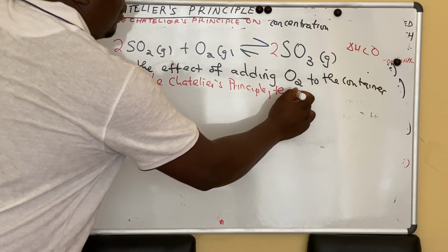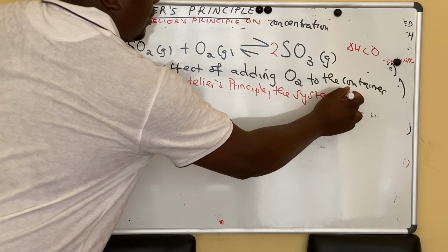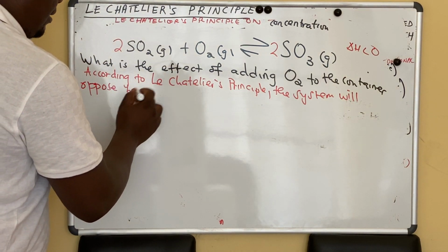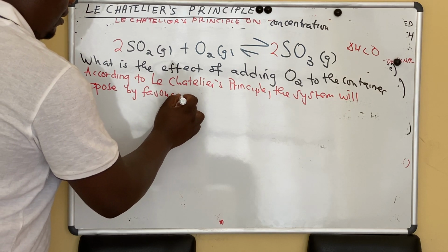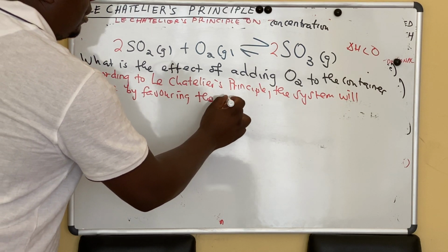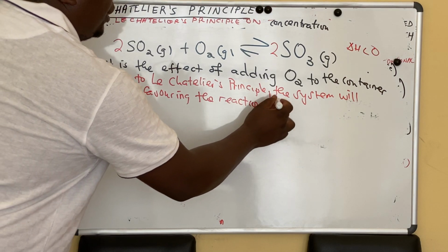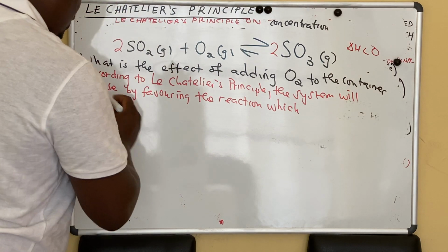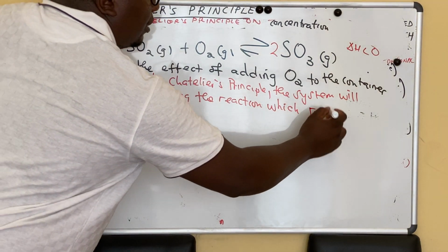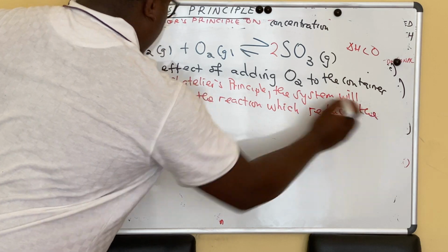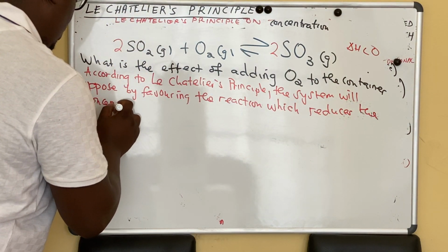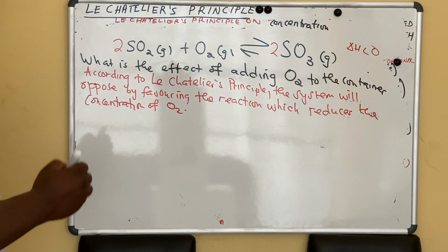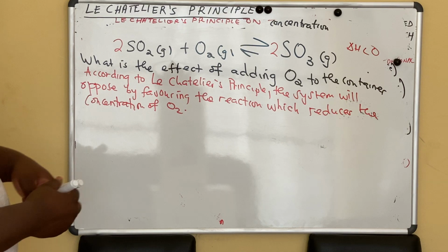the system will oppose by favoring the reaction which reduces the concentration of oxygen, because we have added concentration.